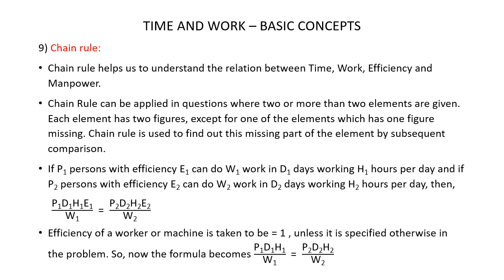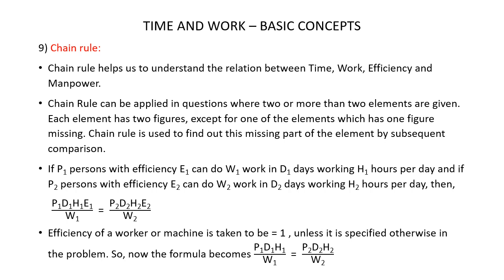So, if P1 persons with efficiency E1 can do W1 work in D1 days, working H1 hours per day, and if P2 persons with efficiency E2 can do W2 work in D2 days, working H2 hours per day, then P1 D1 H1 E1 divided by W1 is equal to P2 D2 H2 E2 divided by W2.